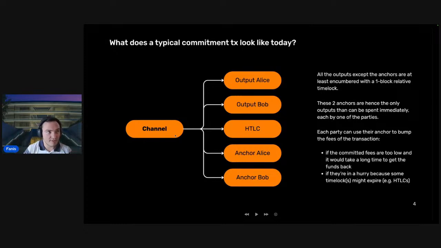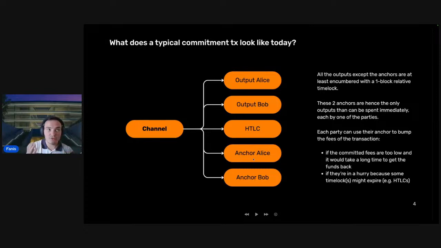But maybe it was a long time ago, or maybe the fee just skyrocketed recently, and they are way higher now than they were like 1 hour before. And so now maybe the fees are not enough. And so you want to be able to use child pays for parent in order to increase the fee and to make the transaction confirm faster.